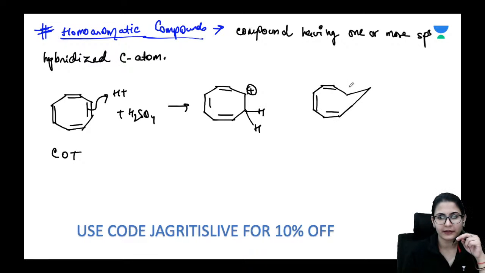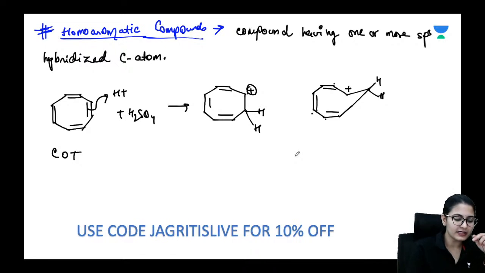In this way. There is a positive charge, alright, and this is your hydrogen over here. Yes, 1, 2, 3, 4, 5, 6, and 7. Okay, and this is the eighth carbon.